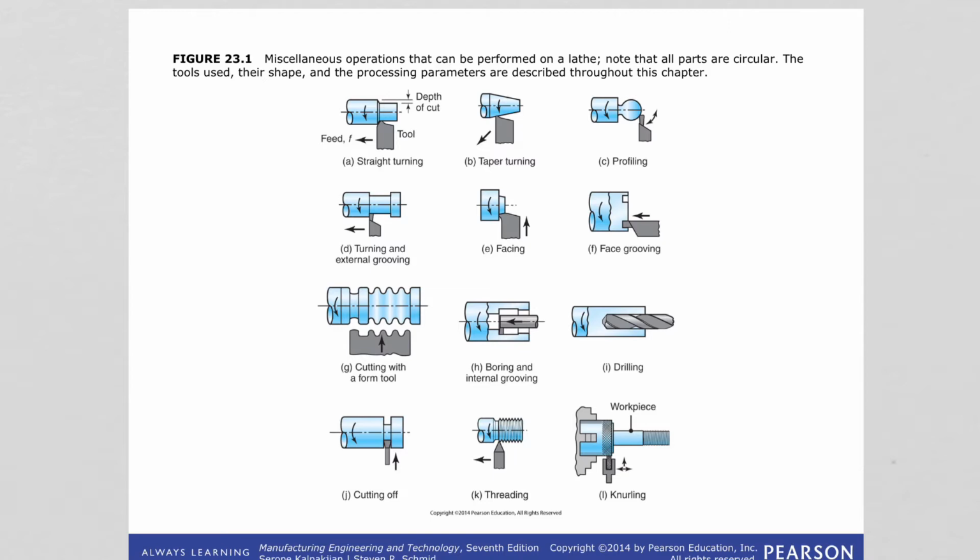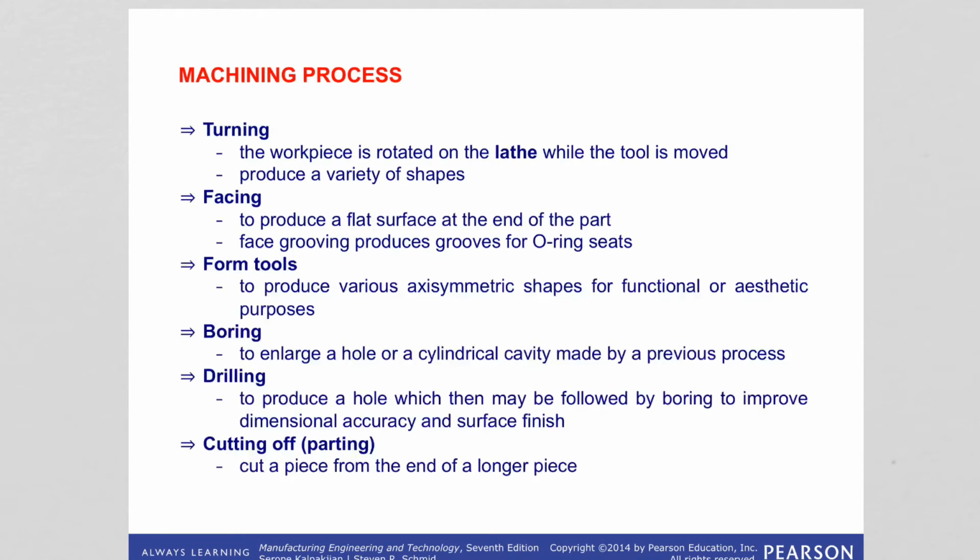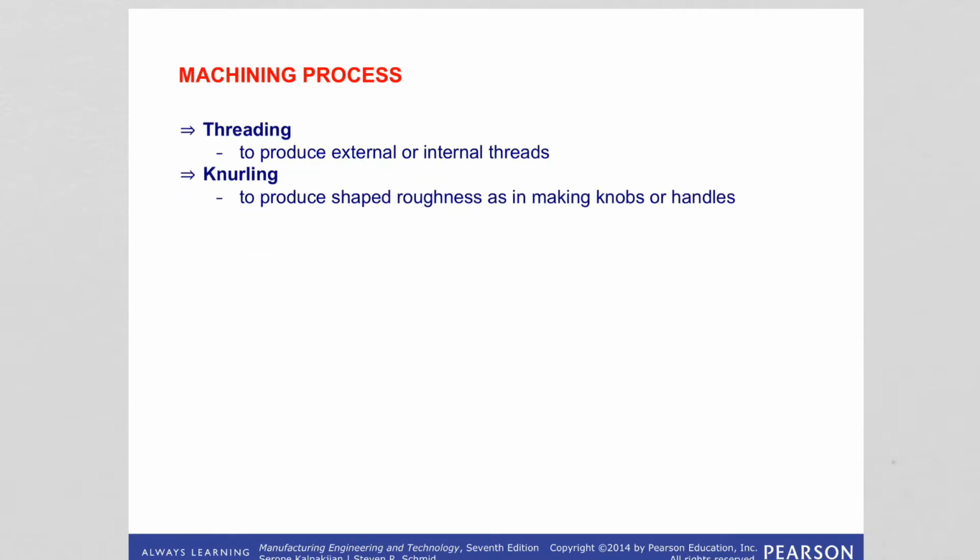Face grooving is producing grooves for o-ring seats. Machining with form tools is to produce various axisymmetric shapes for functional or aesthetic purposes.